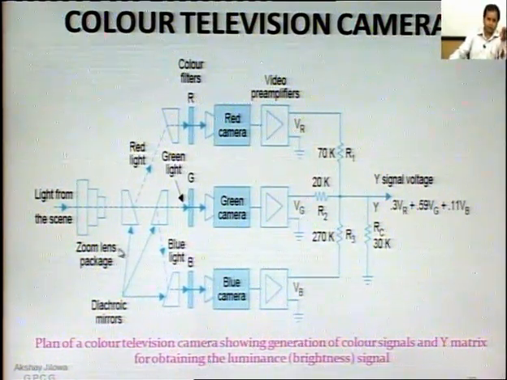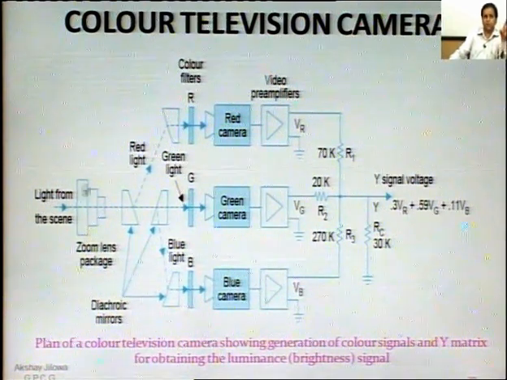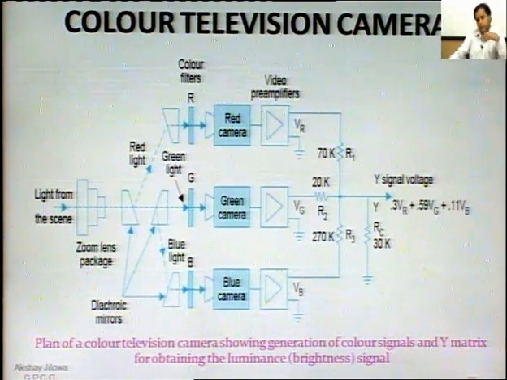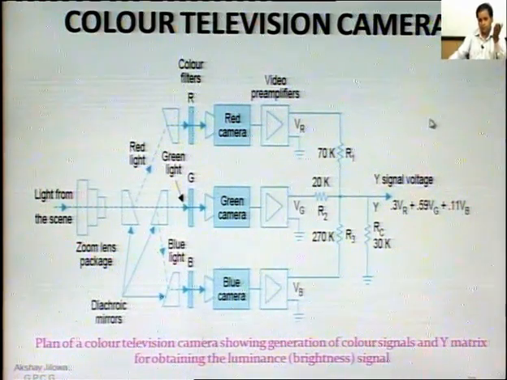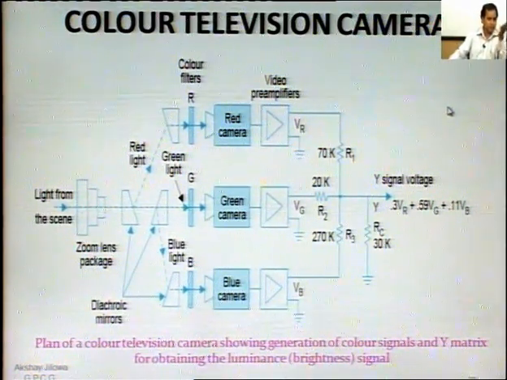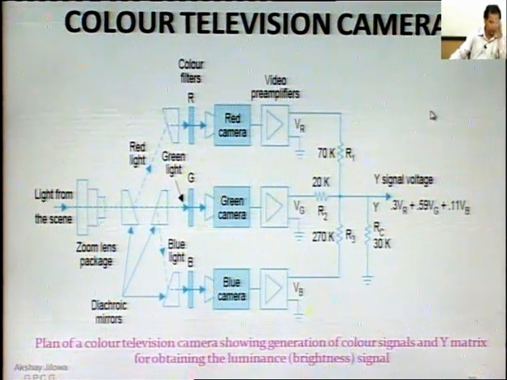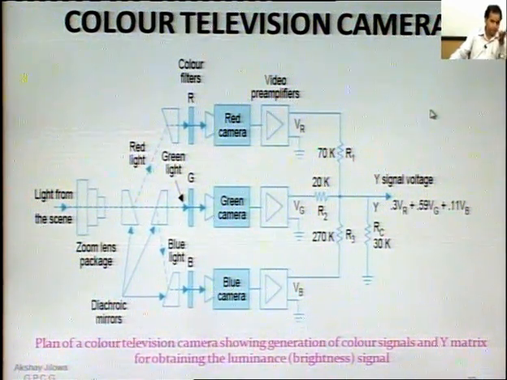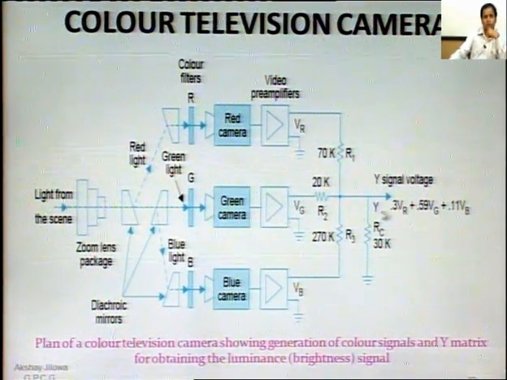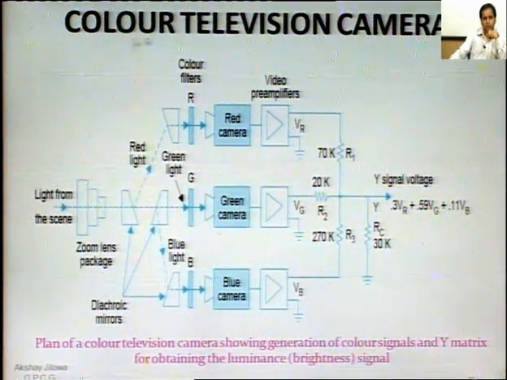While collecting the information we collect it in three different fashions, and while displaying it again we use three different electron guns, as we discussed in the compatibility diagrams. So this is how the color TV camera tube works.